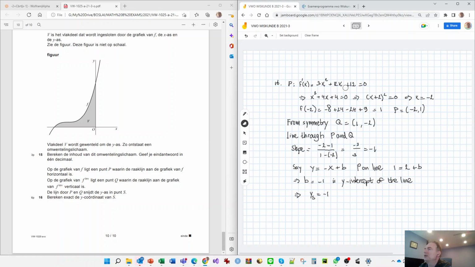Now I think you can immediately say already that the inverse must have a vertical tangent in the point (1, minus 2).